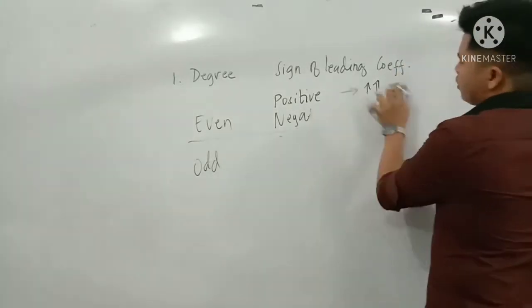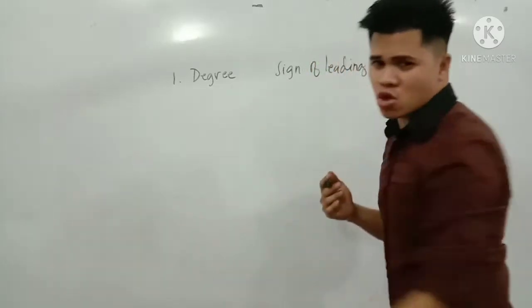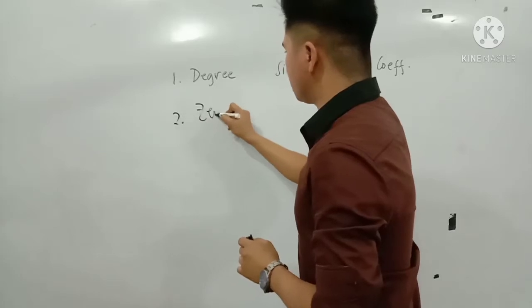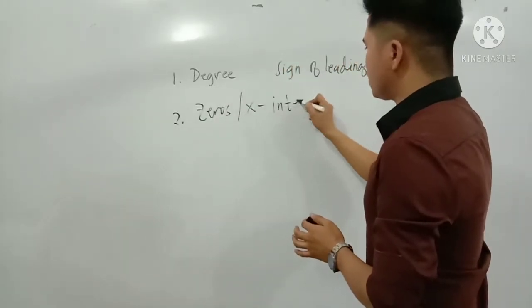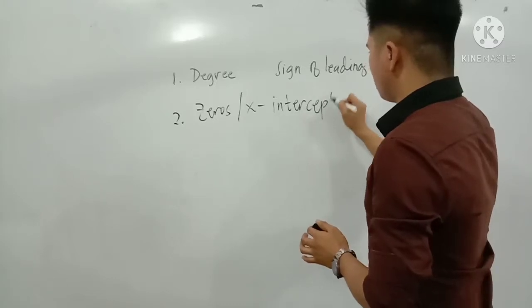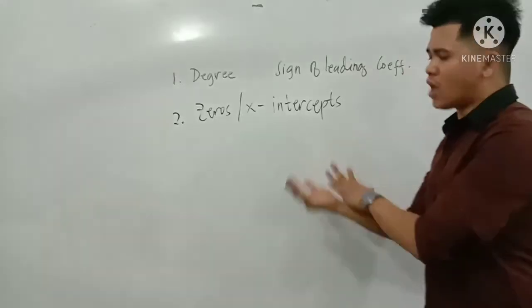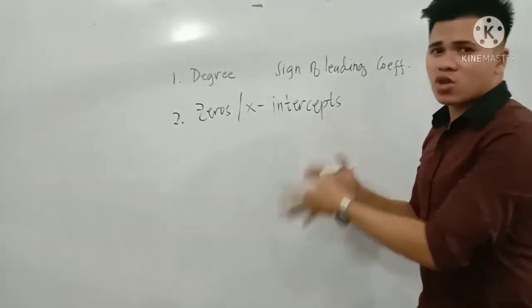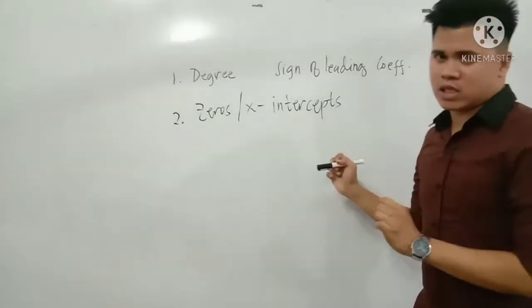Next, the next feature is the zeros or the x-intercepts of the given polynomial function. So we have here the zeros, or the x-intercepts. The zeros or the x-intercepts tell us where the graph touches or crosses the x-axis.